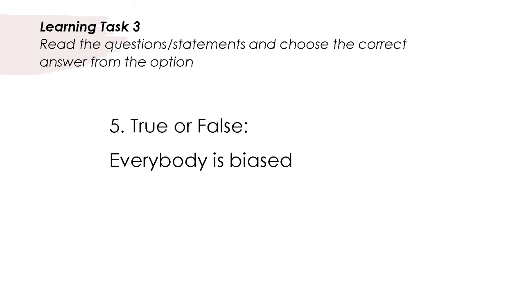True or false? Everybody is biased or has bias. Very good. The correct answer is true. Everyone has bias, but it doesn't make us a bad person. It's just that we have our own opinion, but then again, always remember that we have to back our opinion with relevant information or evidence.